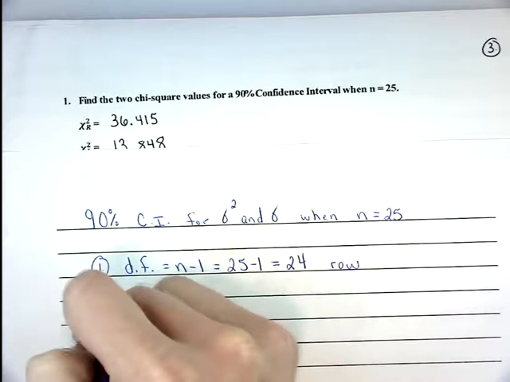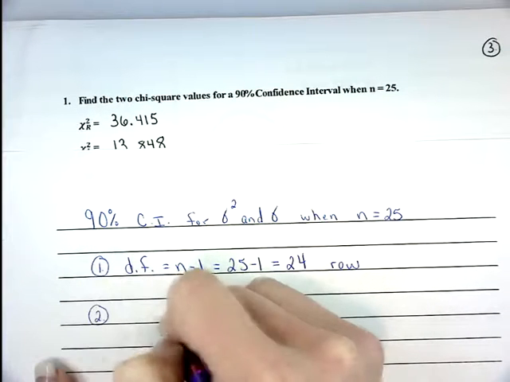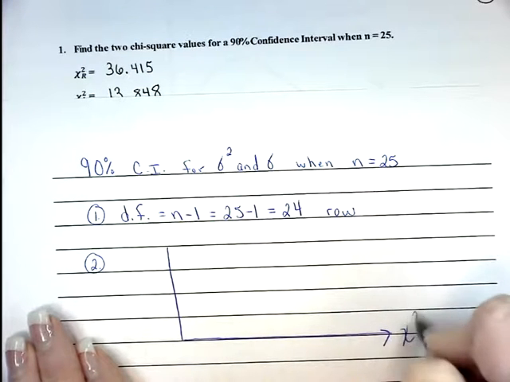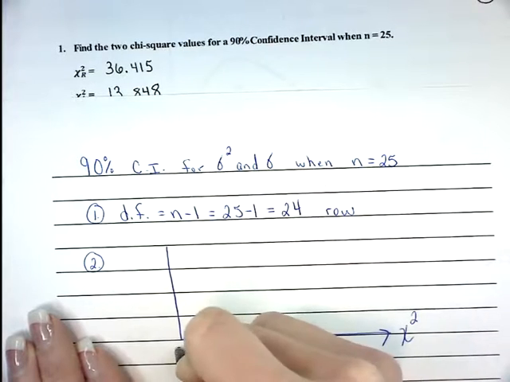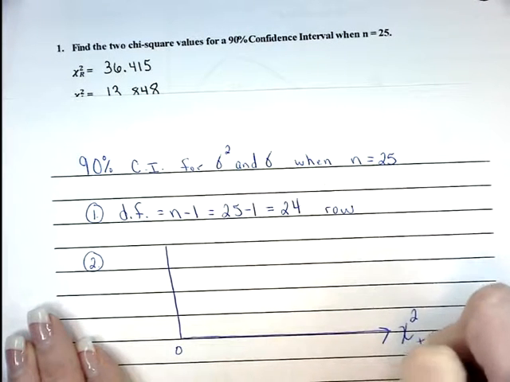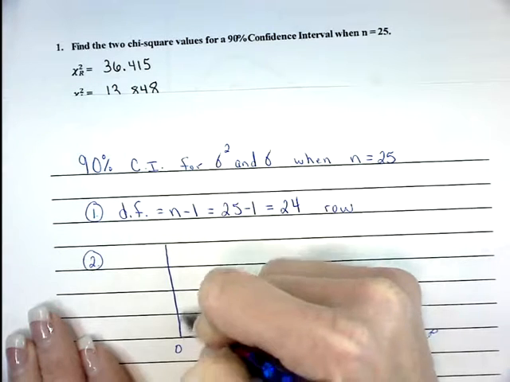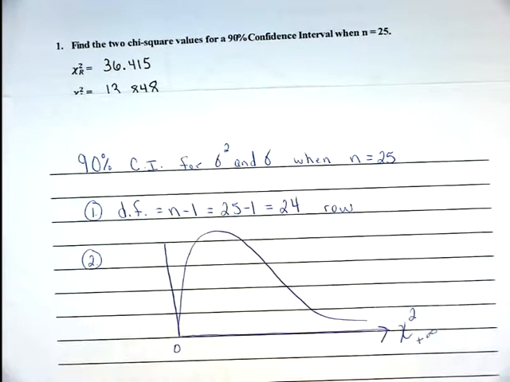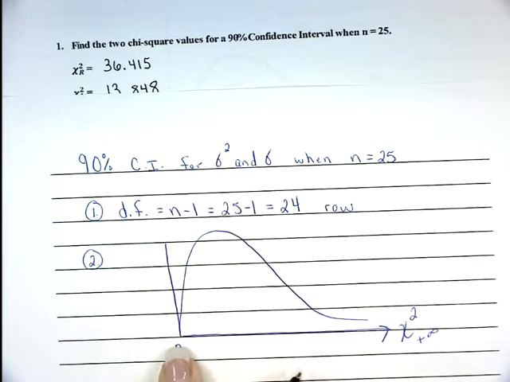Number 2, I highly recommend that you draw a picture of this chi-square distribution. You have your chi-square axis, and it goes from 0 to positive infinity. And just a general chi-square curve here. It is positively skewed or right skewed, as you can see, and they do start at 0.